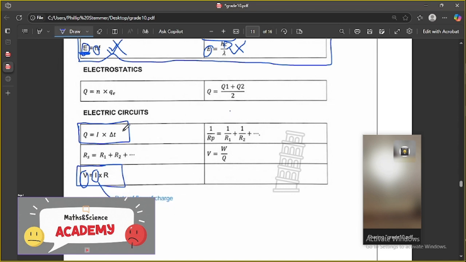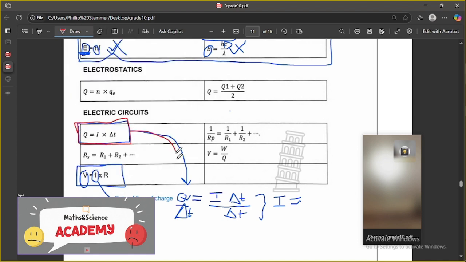Now, this rate of charge is derived from Q equals I times T. You make I the subject of the formula, and then I is equal to Q over delta T. This means that I is the rate of charge, where Q is the charge.